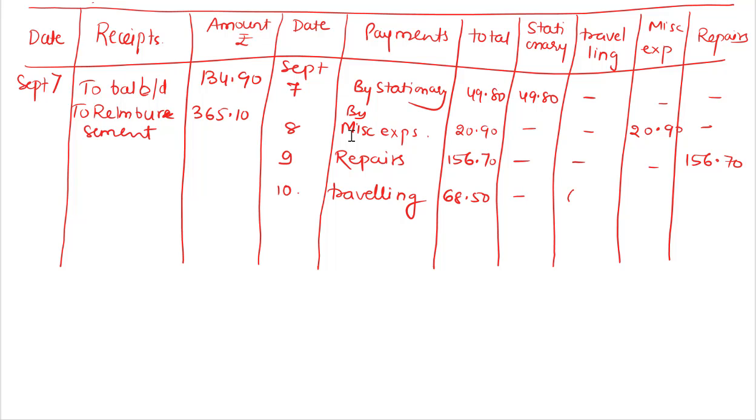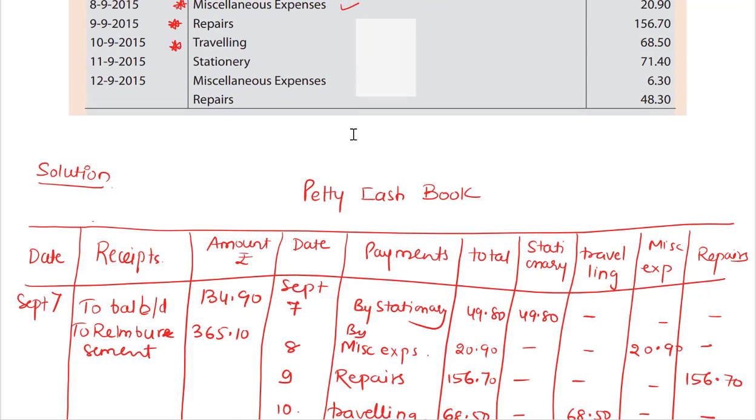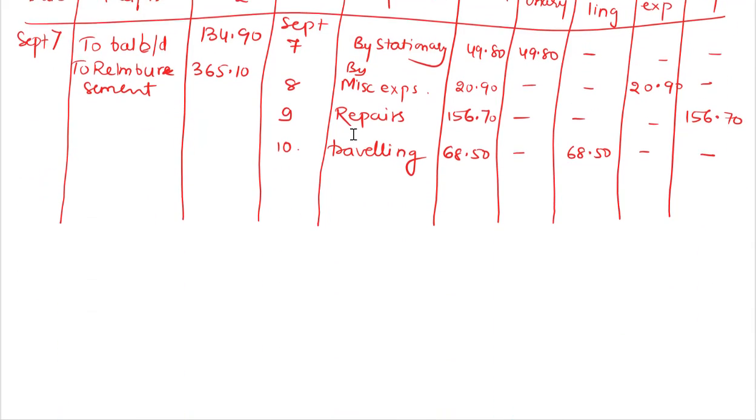Put it in traveling 68.50, and rest of the columns is dash. 11th of September, stationery 71.40. The first is stationery, so 71.40, and rest of the three will be dash. I hope it is clear till here.